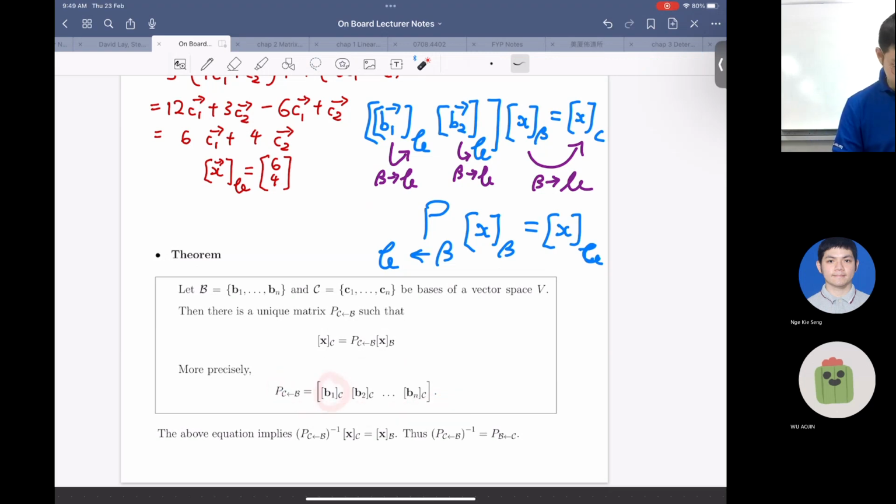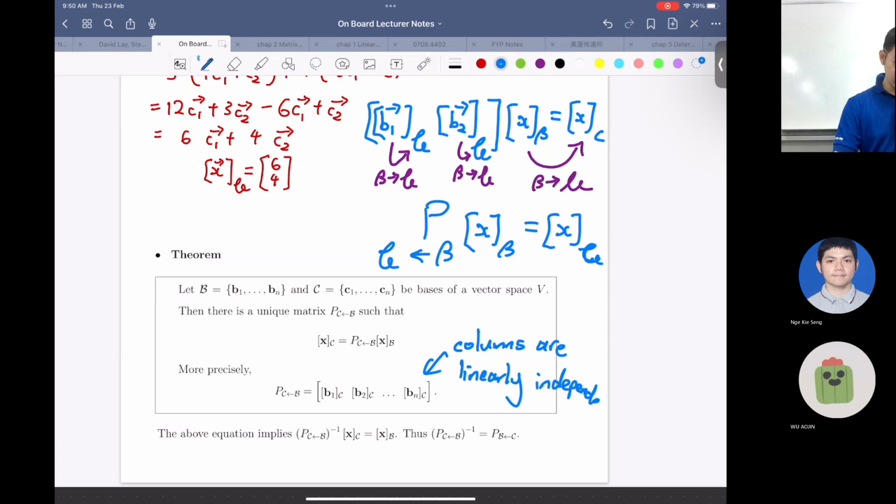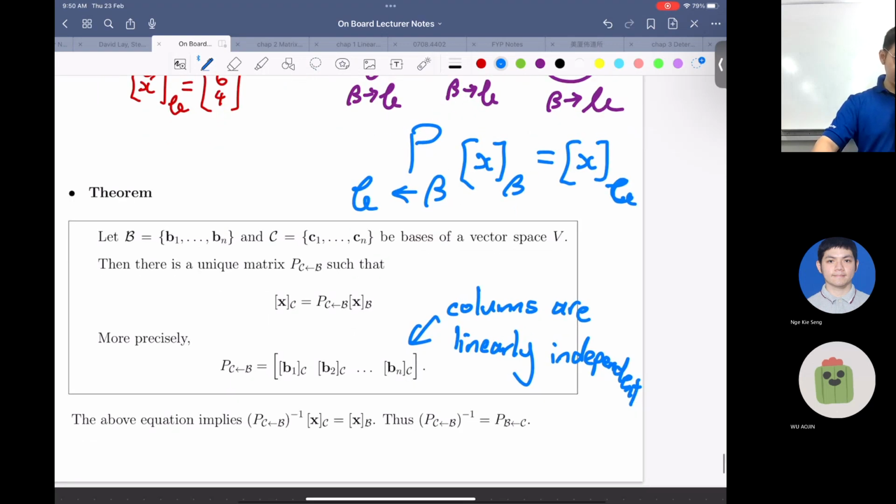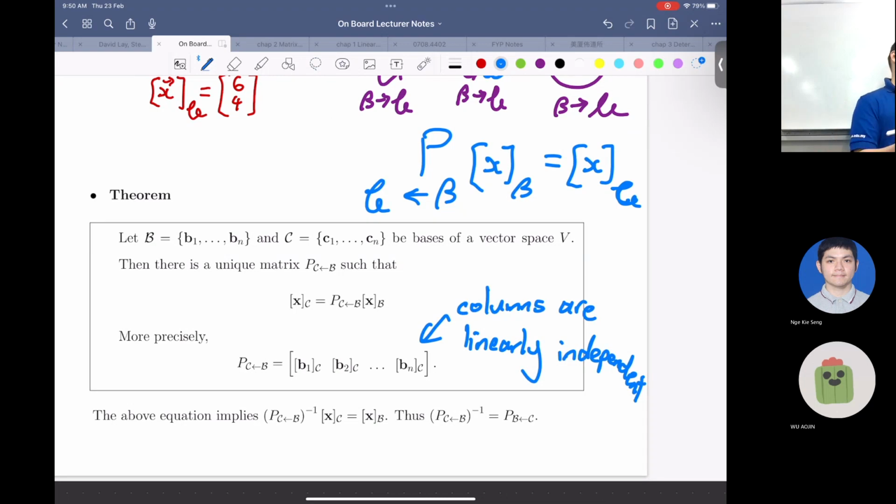You just need to express everything in B in terms of the basis in C, so that you can change to C. And what's more is that these columns are linearly independent, because they started from a basis. So it is invertible. It is a square matrix. It is invertible.